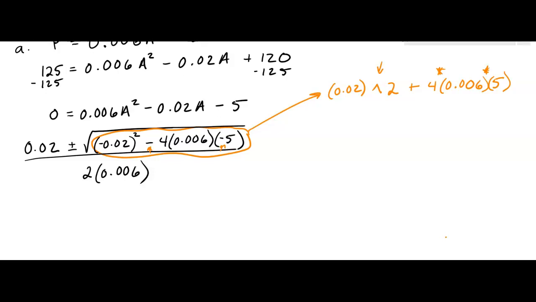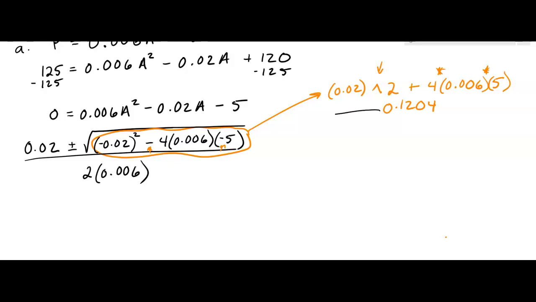So let me put that in my calculator. 0.02 to the second power plus 4 times 0.006 times 5, and I get 0.1204. So you'll have to look at your calculator and work on that to be able to get that number. So that's what we want to make sure we have.